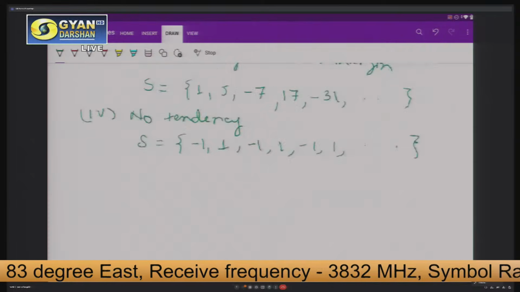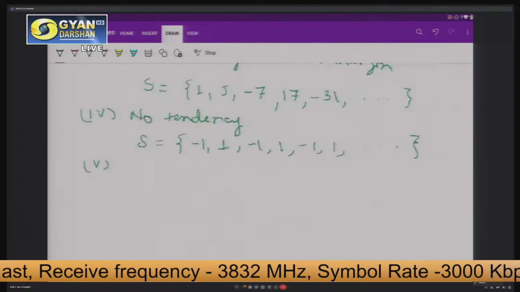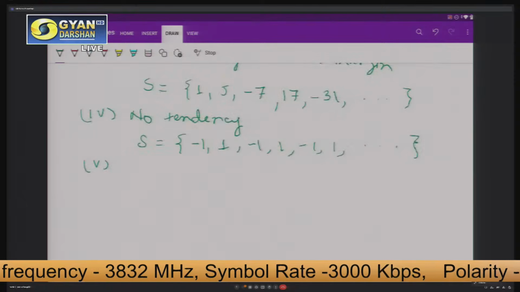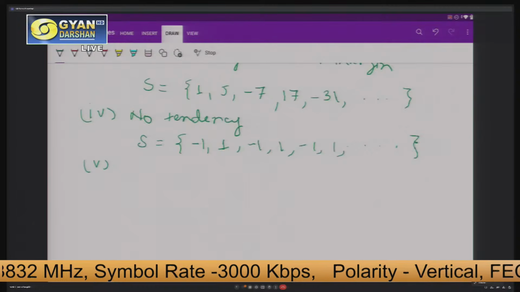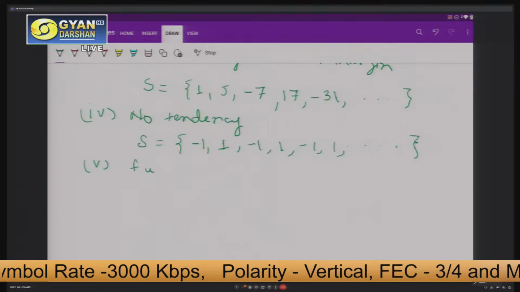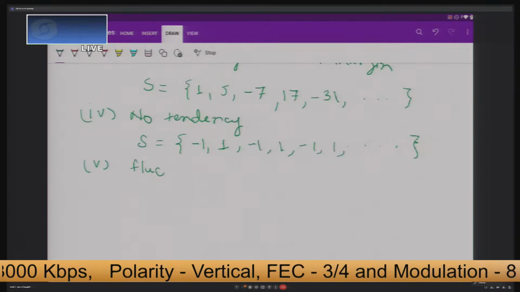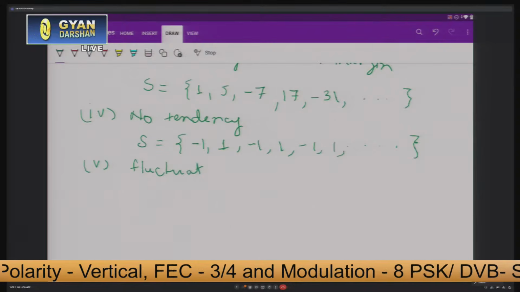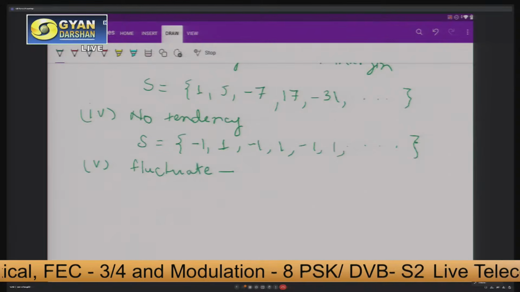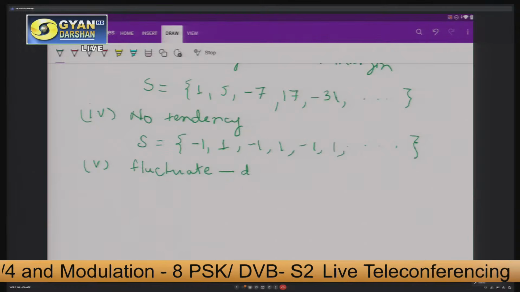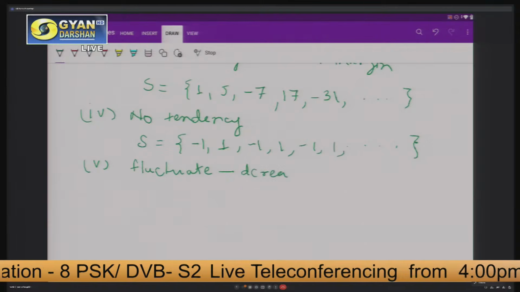There may be sequences which fluctuate with decreasing margin. We have seen wider margin; here it is decreasing margin.